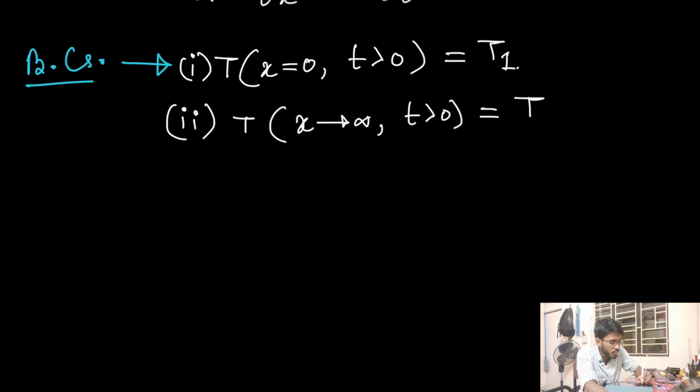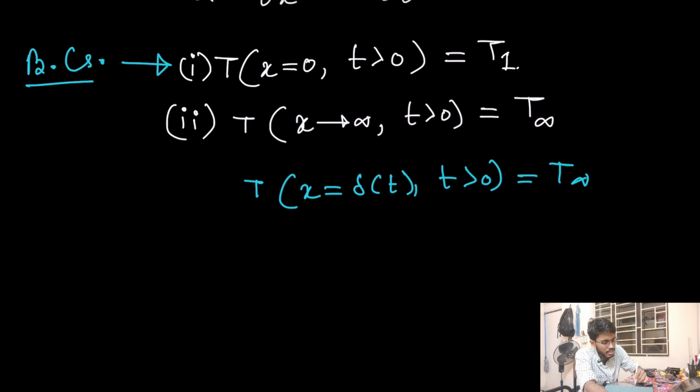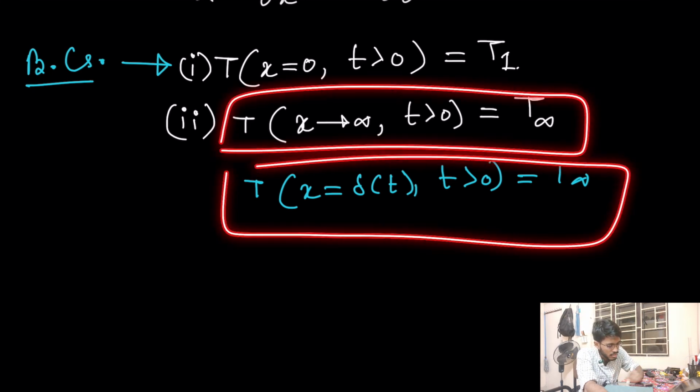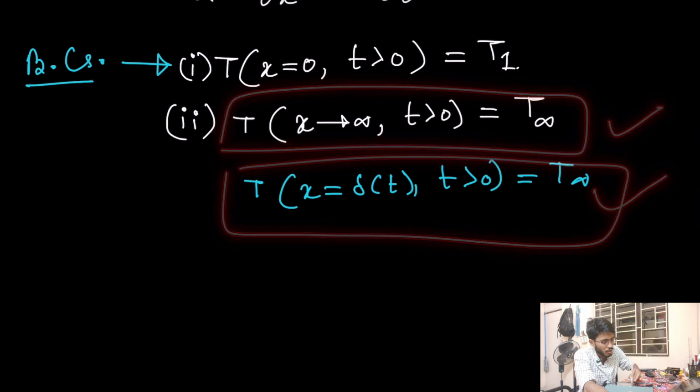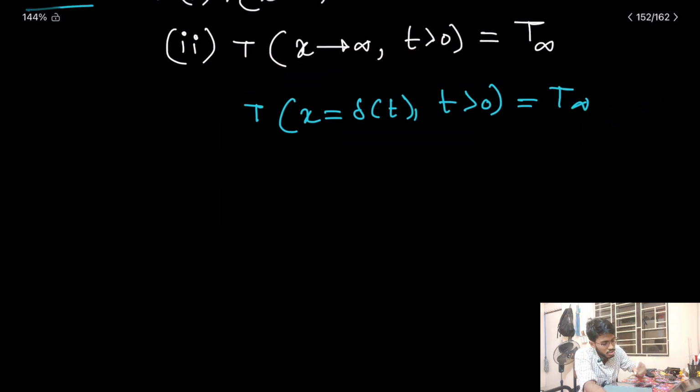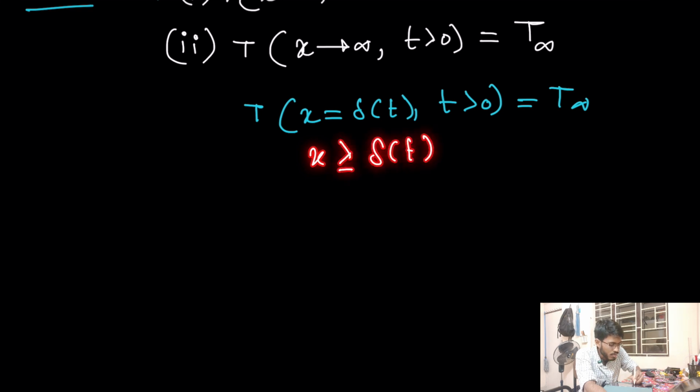Now some of you might get confused that in the previous lecture I wrote T at x equal to delta t, t greater than 0, is equal to T infinity. So let me tell you, both of these are correct. Then what is the thing? I should have written T at x greater than or equal to delta t.